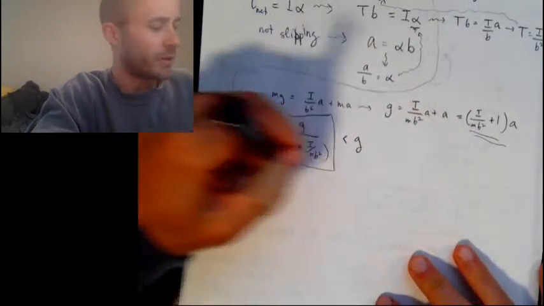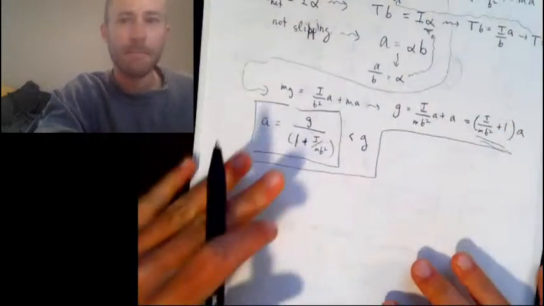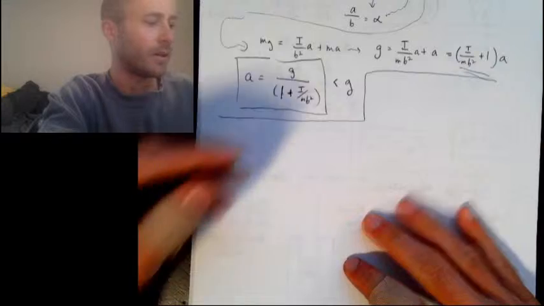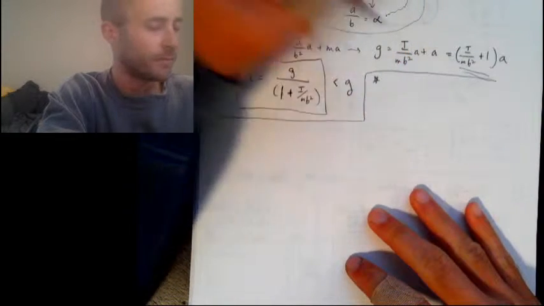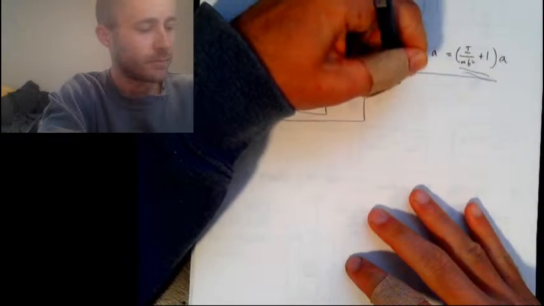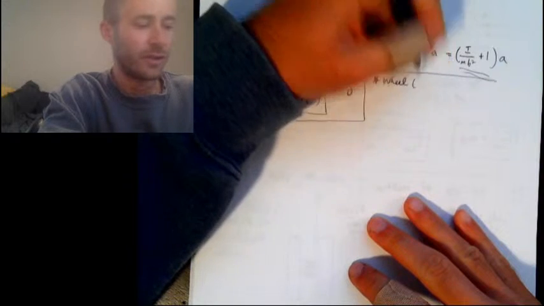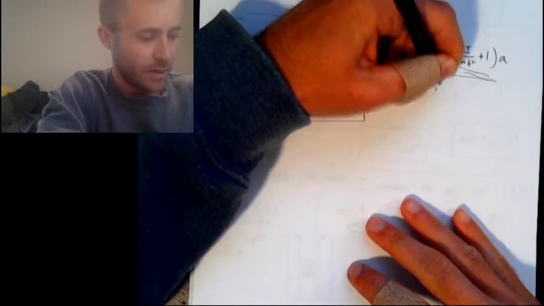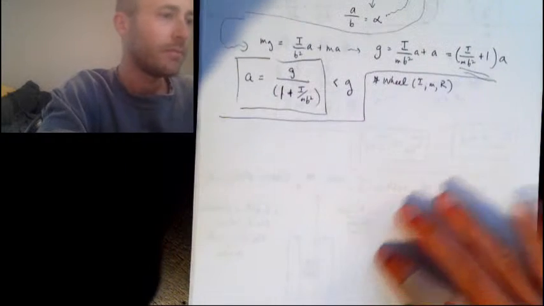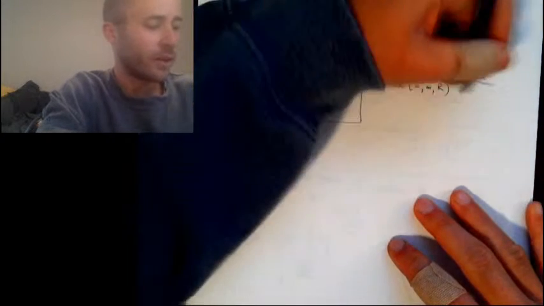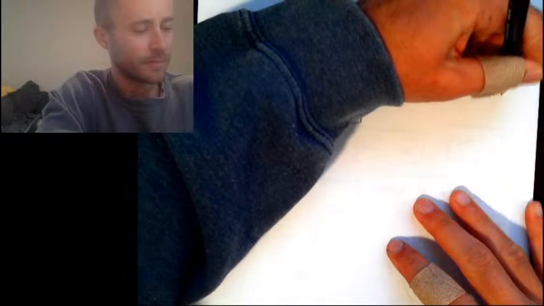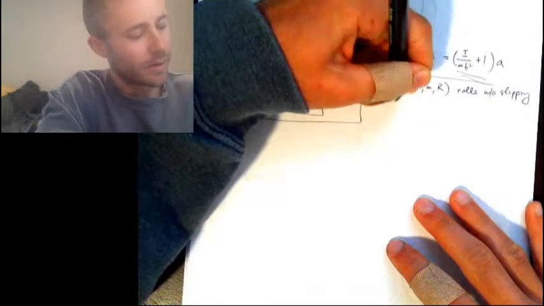Okay, so for the next problem, I want to consider a wheel. The wheel has inertia I, mass m, and radius r, and it rolls without slipping down a hill.